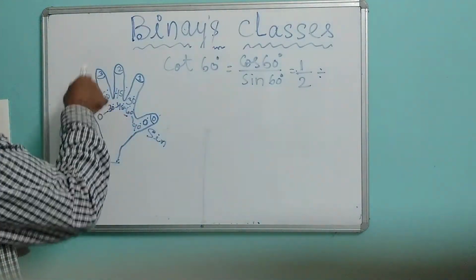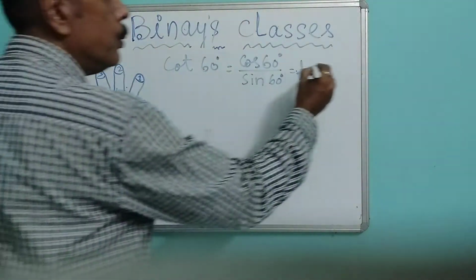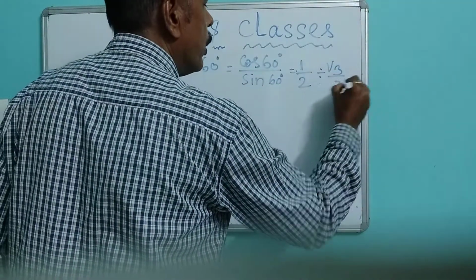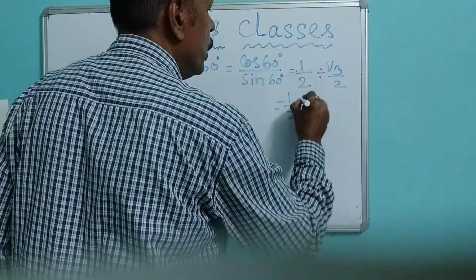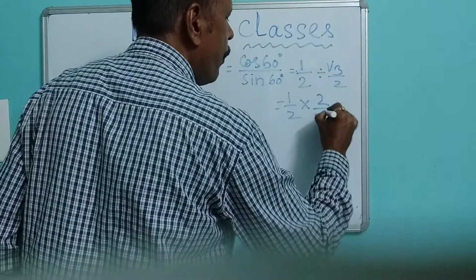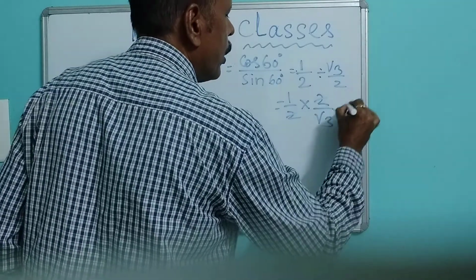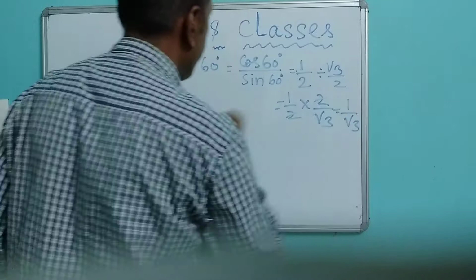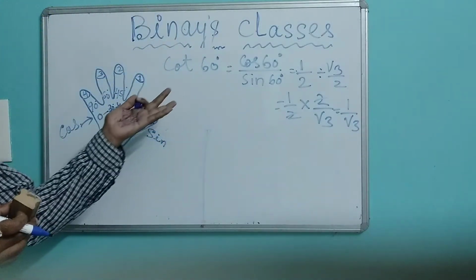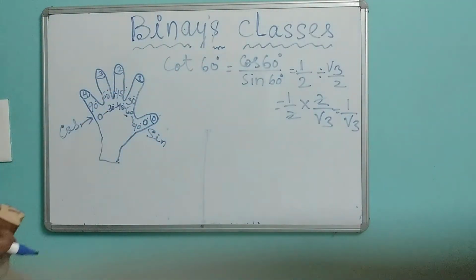Sin 60 is here, 3 by 4 root over, root 3 by 2. That equals 1 by 2 into 2 by root 3, which is 1 by root 3. So cot 60 you got 1 by root 3.